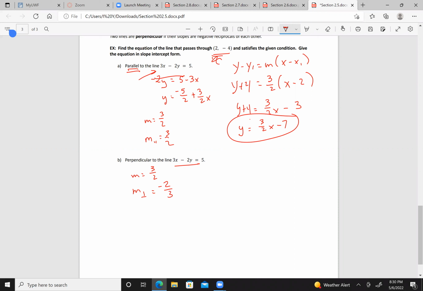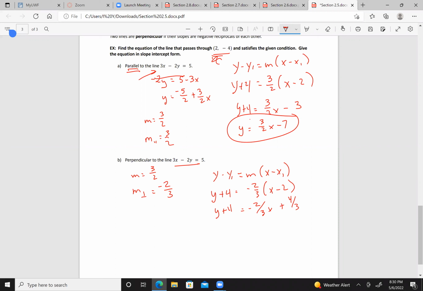So now we go to our point-slope formula again, y minus y1 equals m times (x minus x1). I have y minus -4 equals negative 2/3 times (x minus 2). So y plus 4 equals negative 2/3 x plus 4/3.